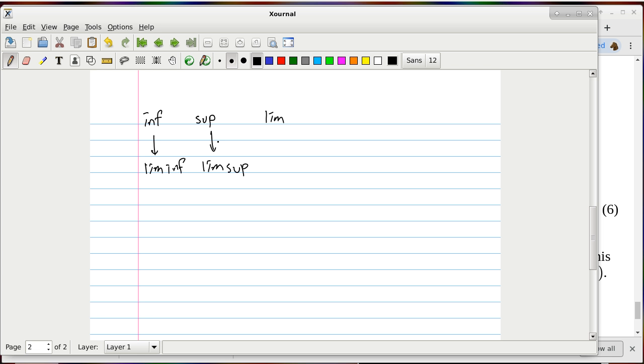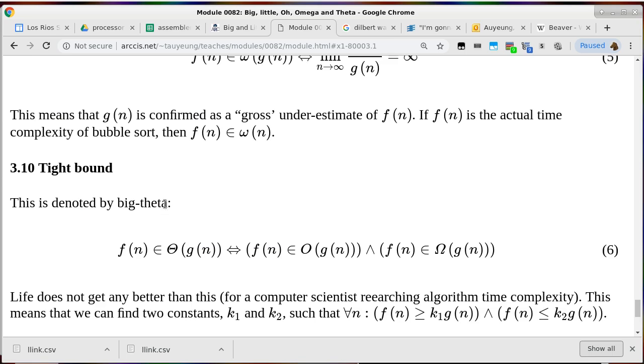From these concepts, in the case of superior, we define the big O notation, which is an upper bound of the time. Let me switch back to the notes just to be sure.